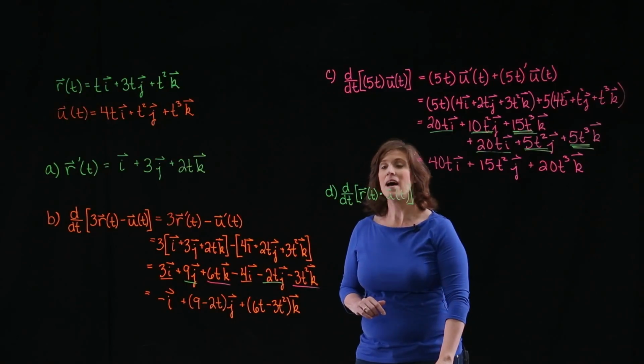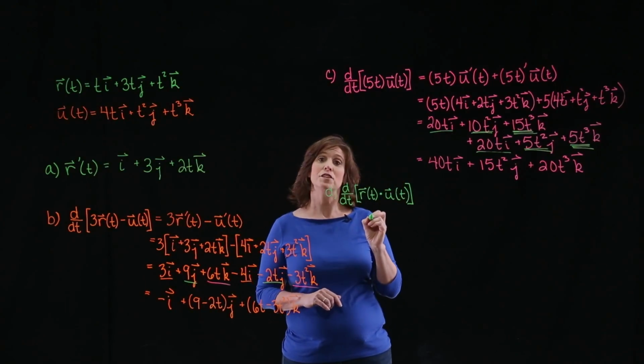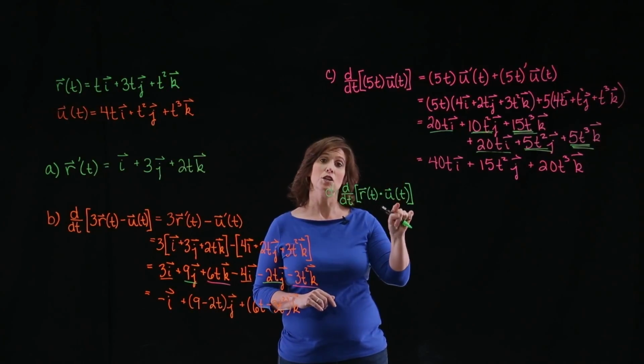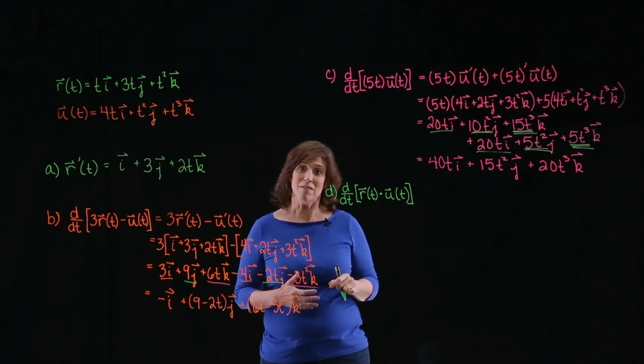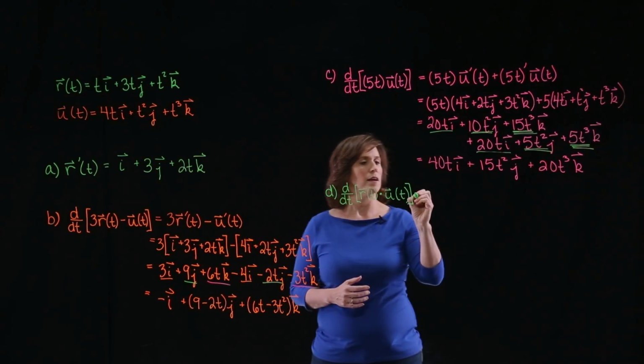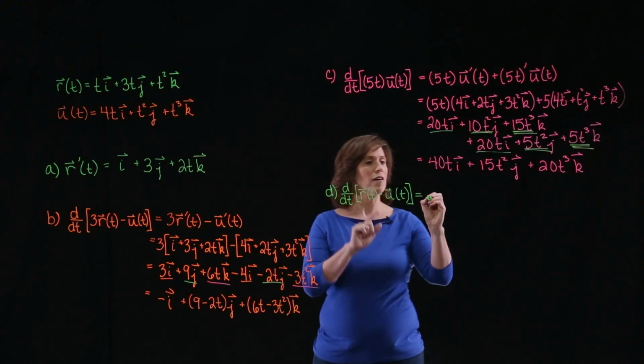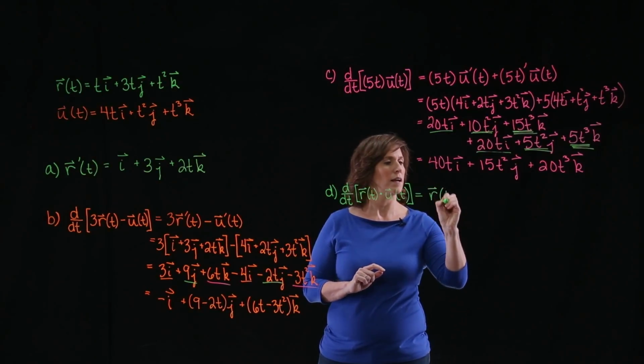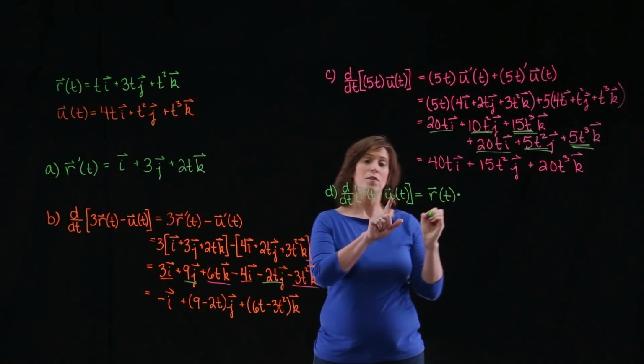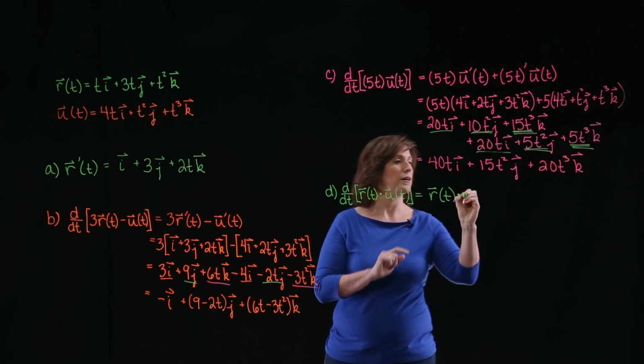For part D, I want to take the derivative of the dot product of r of t and u of t. Again, we can think of this as a product rule. So we're going to be taking r of t dotted with the derivative of u.